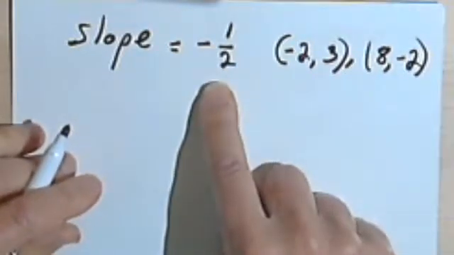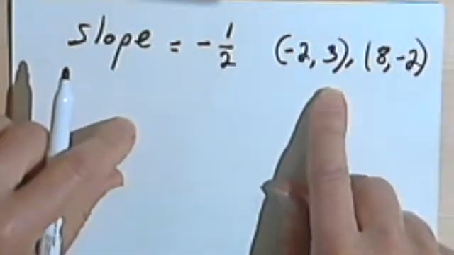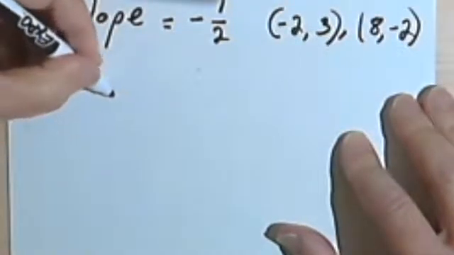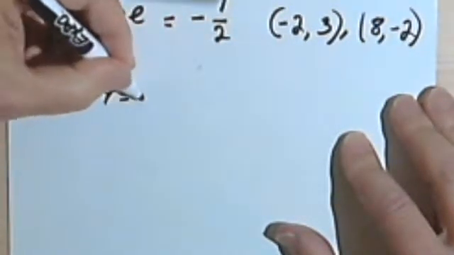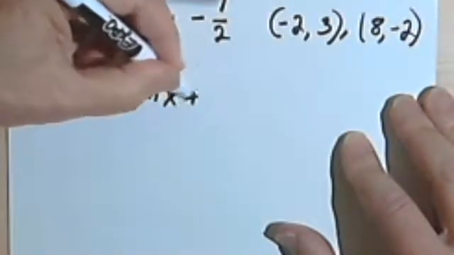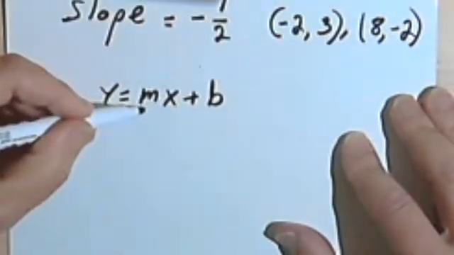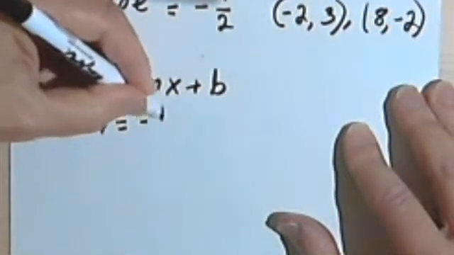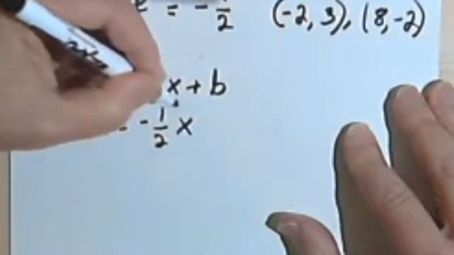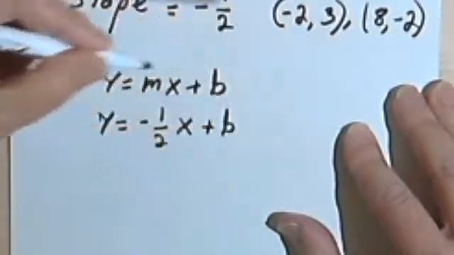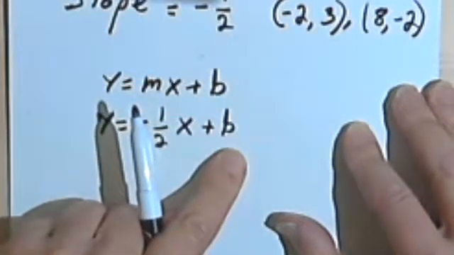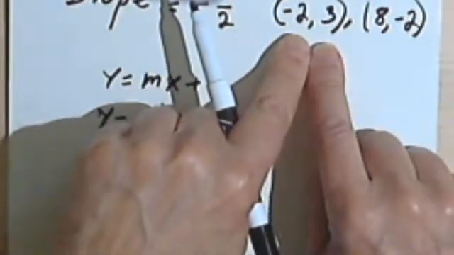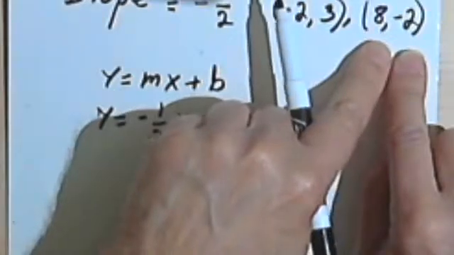Well, since I have the slope and have a point, I could take my y equals mx plus b form. I could put the slope in where the m is. So y equals -1/2 x plus b.